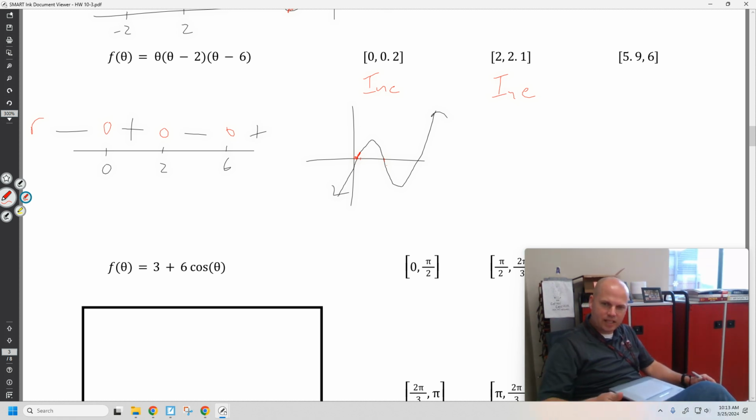Negative radius getting more negative. We saw that with that inner loop. 5.9 to 6, we're right here. We can see our negative radiuses are getting closer to 0. If your radii get closer to 0, you are going towards the origin. If your radii are moving away from 0, you're going away from the origin, so this is decreasing.